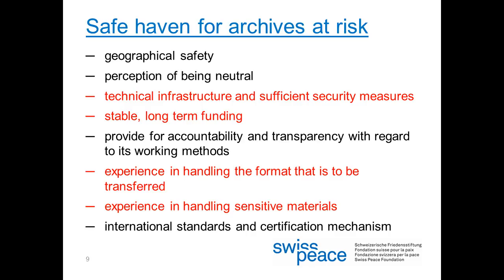Human rights archives usually contain sensitive information, so it's very important to make sure that this sensitive information is not getting to the public. And then obviously certain international standards and certification mechanisms should be guaranteed by the receiving institution in order to be really a safe haven.